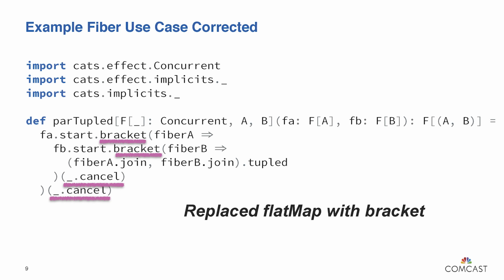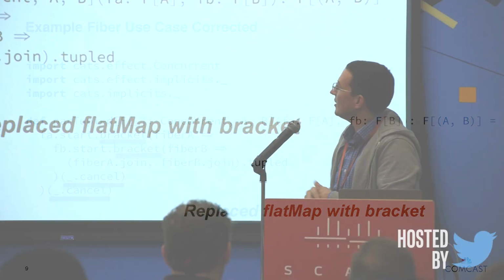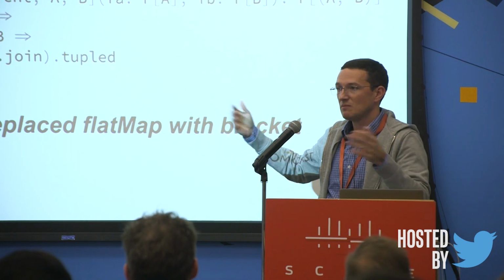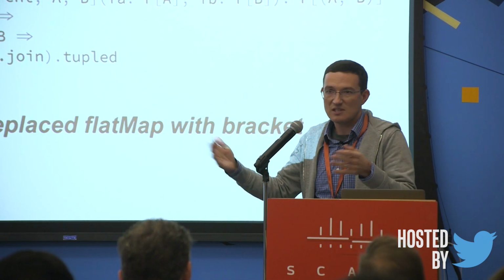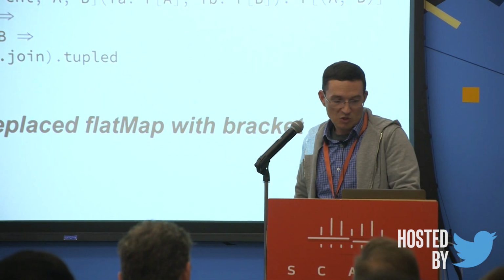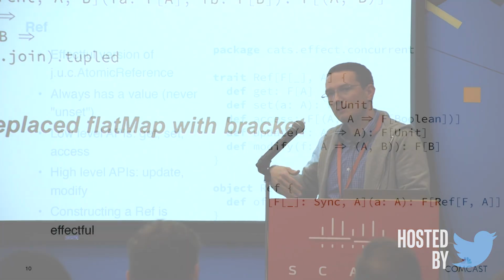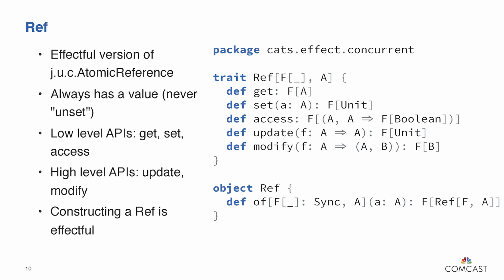In this case, we replaced two flatMaps. We just called join, and we called the built-in tupled method to synchronously sequence two programs. This is a pretty common refactoring of replacing a flatMap with a bracket to add cleanup logic.